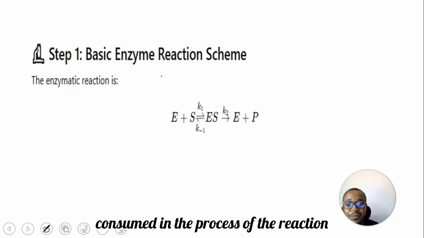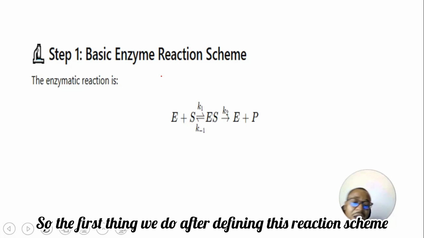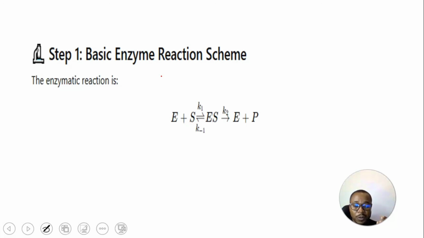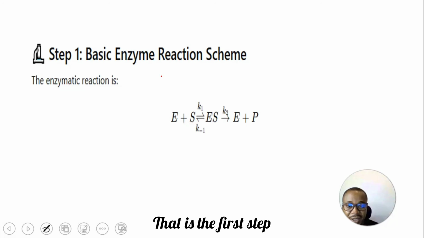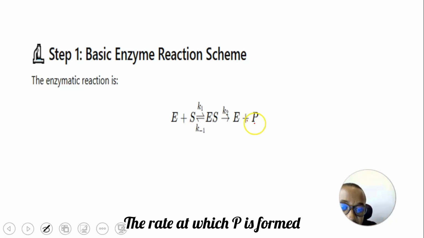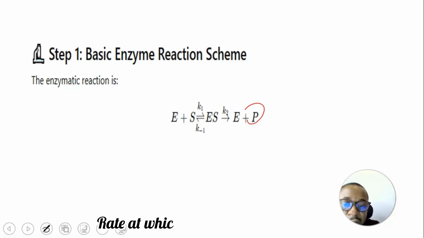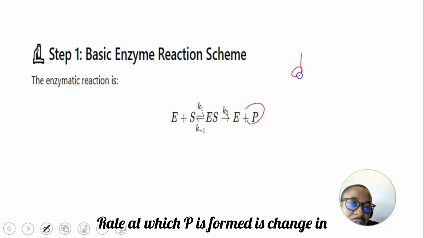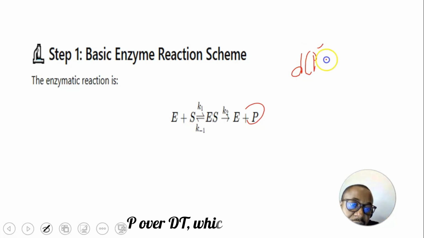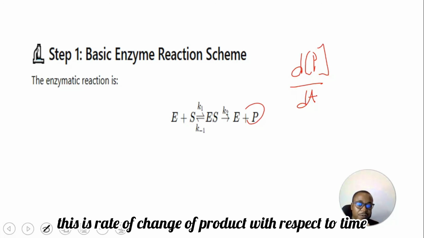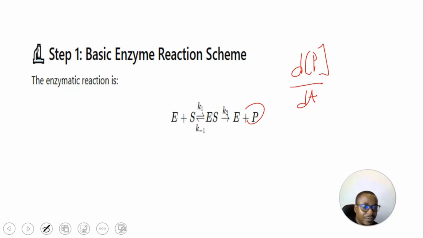So the first thing we do after defining this reaction scheme, we define the rate at which the product is formed. That is the first step. The rate at which P is formed is change in P over change in T, which means this is rate of change of products with respect to time, dP/dt.